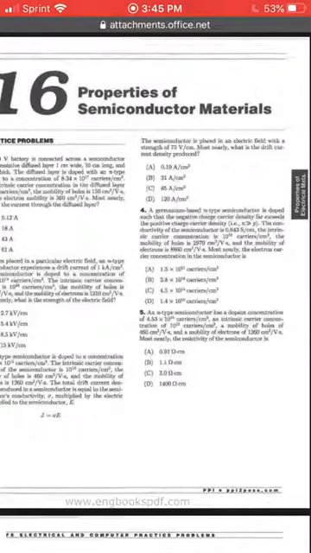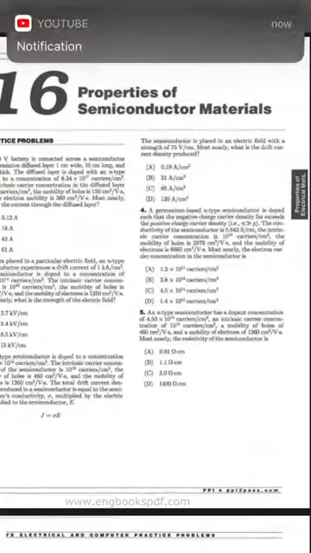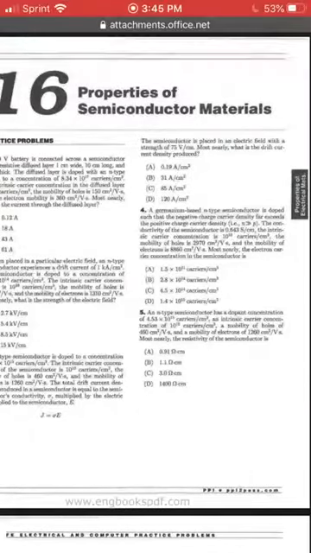All right, last problem. An N-type semiconductor has a dopant concentration of 4.53 times 10 to the 15th per cubic centimeter. So N is going to be 4.53 times 10 to the 15th. An intrinsic carrier concentration of 10 to the 10. A mobility of holes, mu p, is going to be 460.